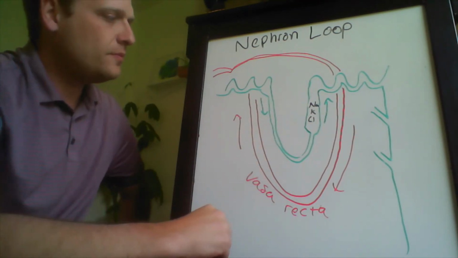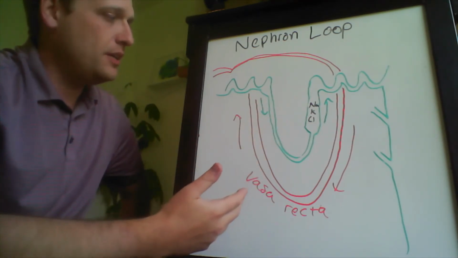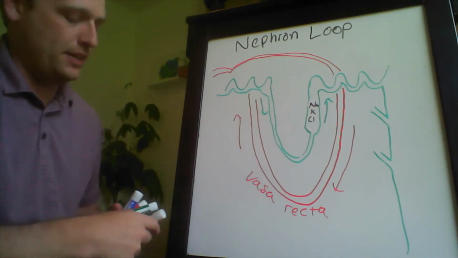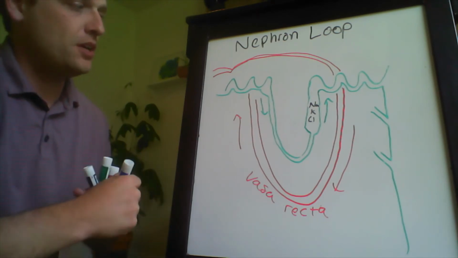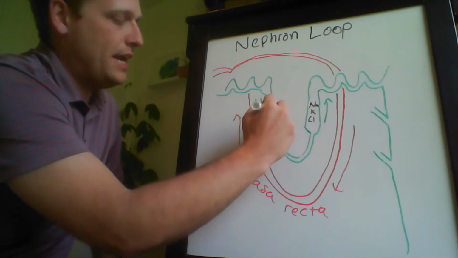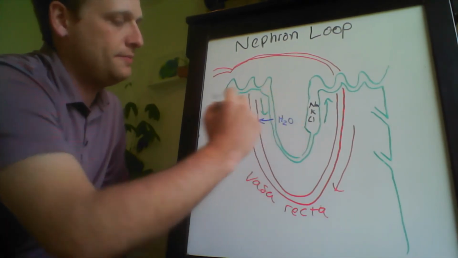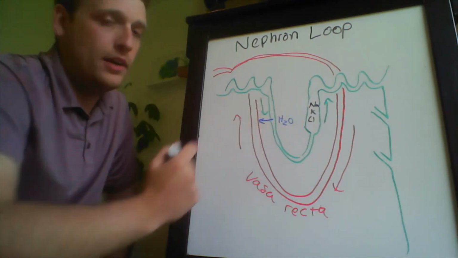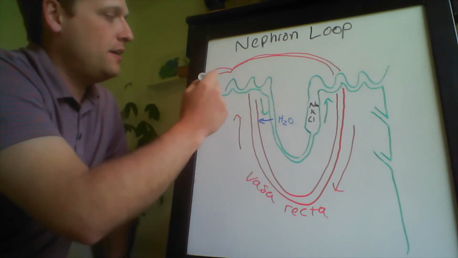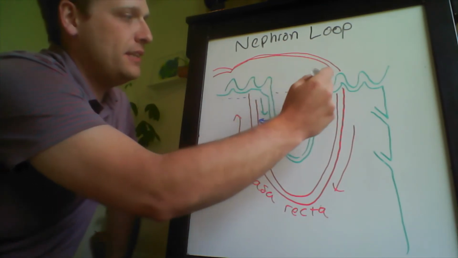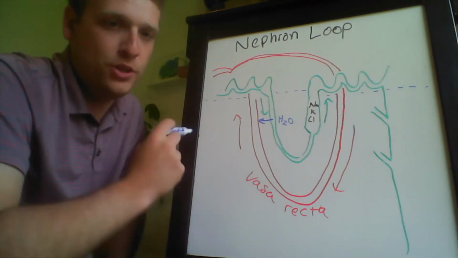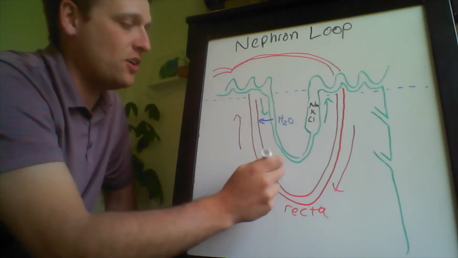Now, what this leads to is going to be lots of water reabsorption happening here in the descending limb. So the descending limb is going to be permeable to H2O, meaning that water can leave the descending loop. And remember that the loop of Henle is going to be located in the renal medulla, which I mentioned is very salty.